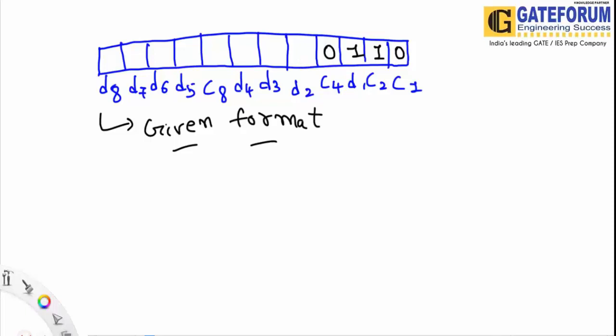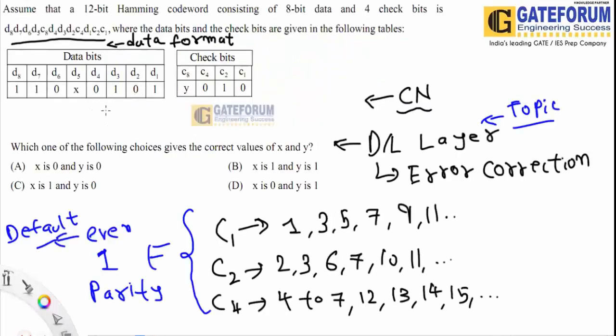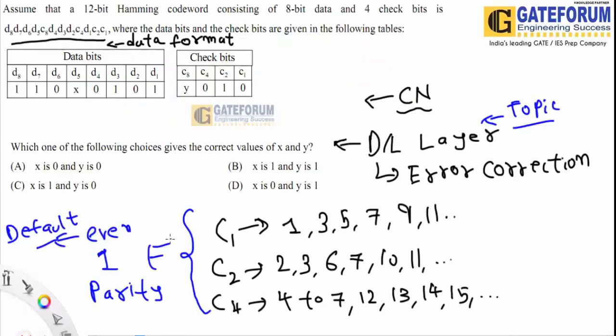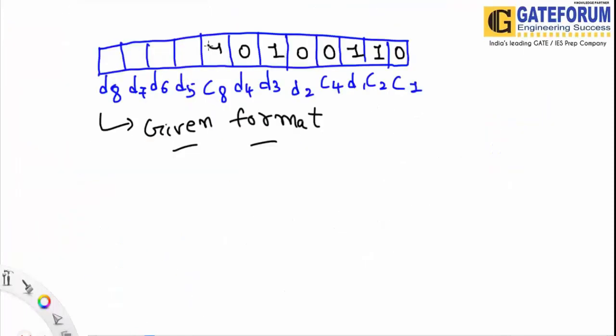If you check D2, D3, D4, it is 0, 1, 0. I am placing the values in the same way. C8 is having the value Y and D5 is having the value X, and then it is 0, 1, 1.